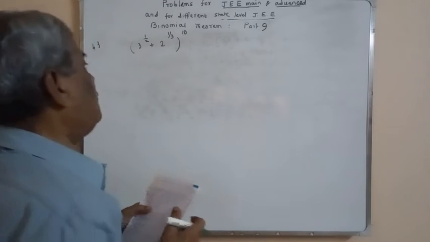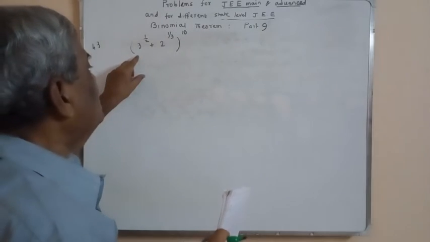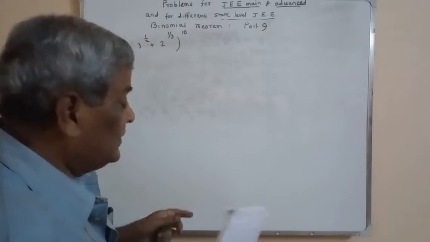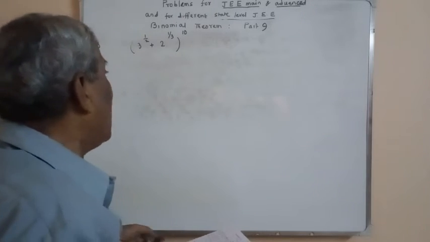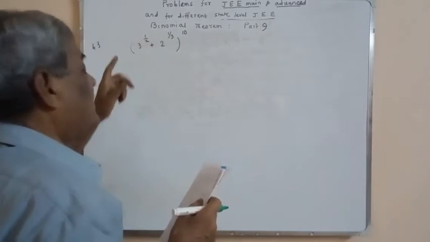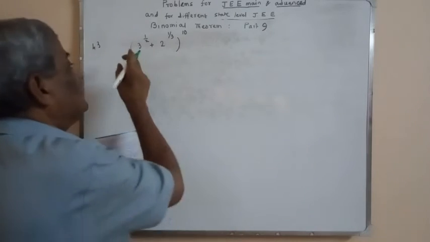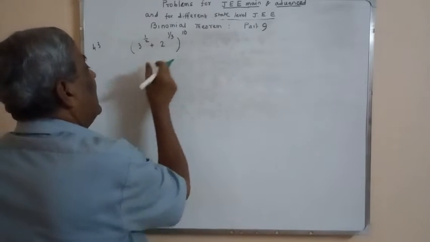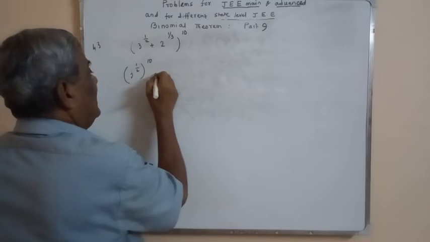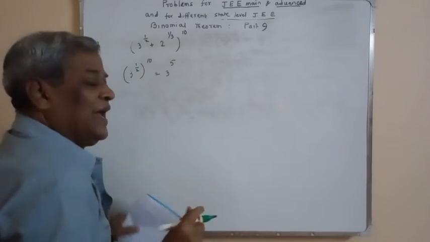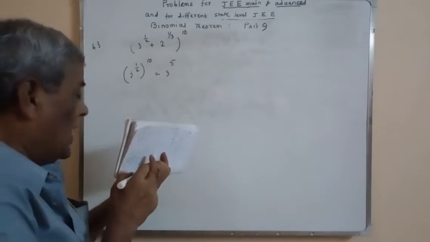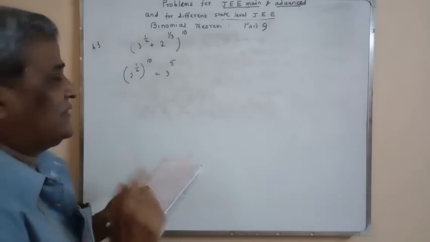So we have to find, anyway, this is a binomial. It must have 11 terms. We have to find the sum of the terms which are integers, not fractions. Now, you see, the first term of this binomial is (3 to the power half) whole to the power 10. That is 3 to the power 5, which is an integer. So we have to count it. After that, which are integers, we have to find first.